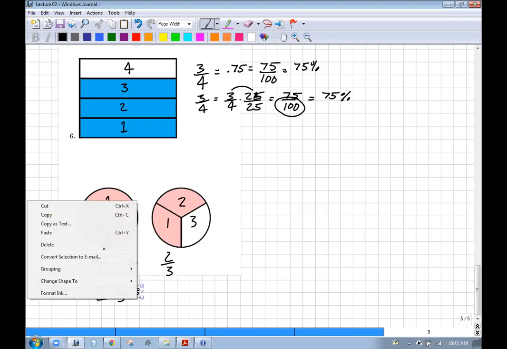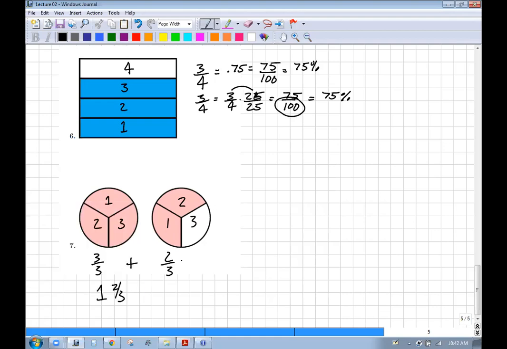Let's see if we added these together, 3/3 and 2/3, that's 3 plus 2/3. This would be 5/3, right? 5/3 is the same as 1 2/3. But notice what I did at first. I was like 1, 2, 3, 4, 5, 6, I said 5/6.